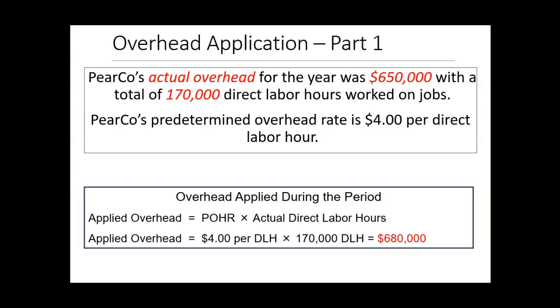So we're going to assign overhead based upon the allocation base, which is direct labor hours. So you will multiply the 170,000 direct labor hours times $4. So the applied overhead would be $680,000.